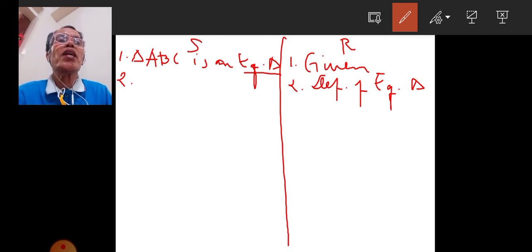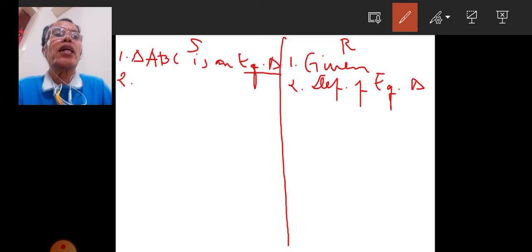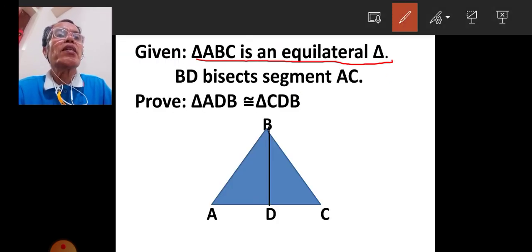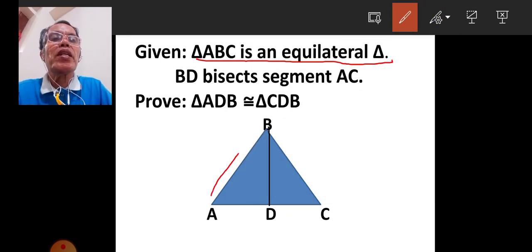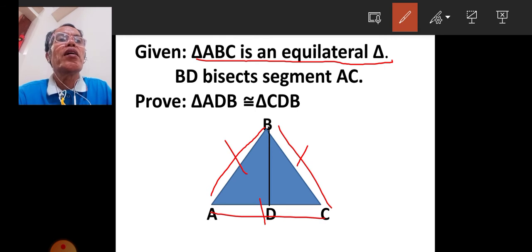And what are those sides? So in your statement, you are going to state the 3 sides that are congruent. That is, side AB must be congruent to side BC, and it must be congruent to side CA. So the 3 sides are congruent.